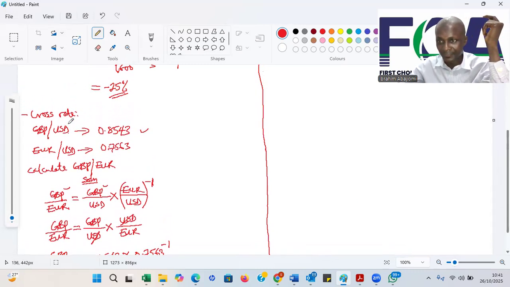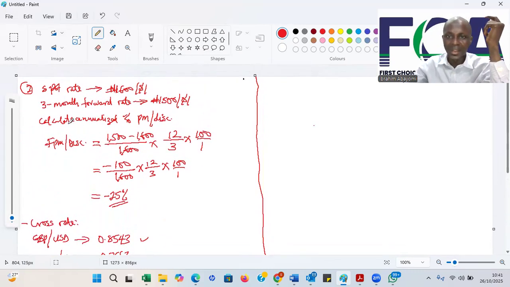So here we have GBP EUR equal to 0.8543 multiplied by 1 over 0.7563.